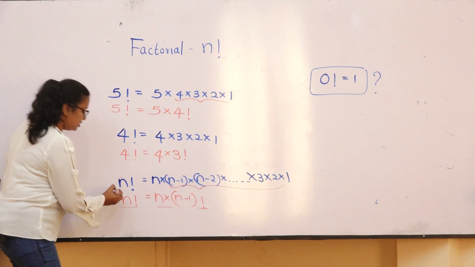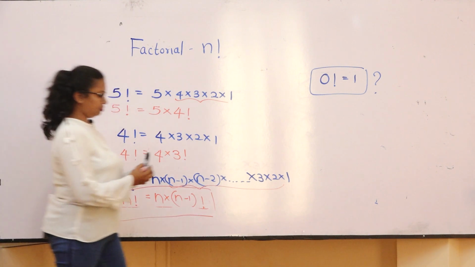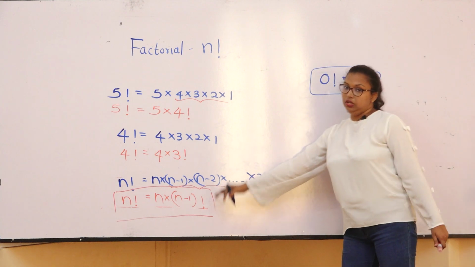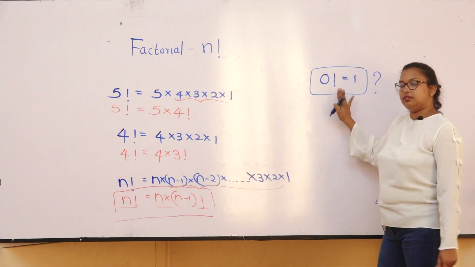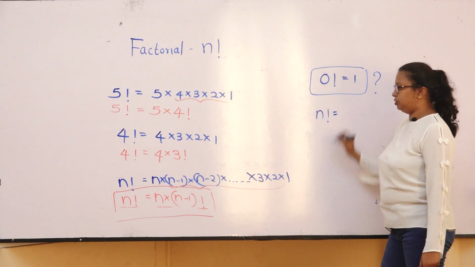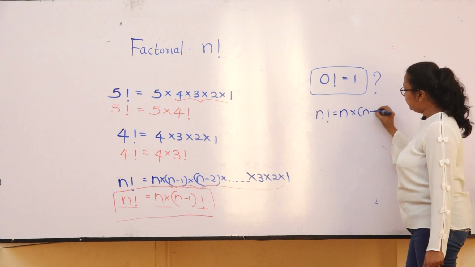So, this is the general way of expressing factorial n. Let us write that expression: factorial n is equal to n into n minus 1 factorial. I am going to use this expression to prove factorial 0.